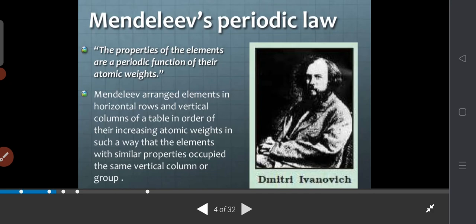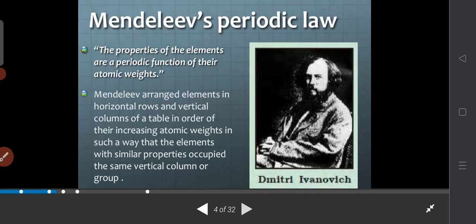Mendeleev arranged the elements in horizontal rows and vertical columns in order of increasing atomic weight, in such a way that elements with similar properties occupied the same vertical column, called a group. The horizontal rows were considered as periods.